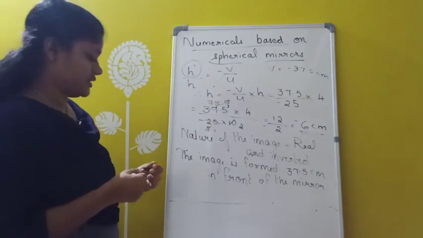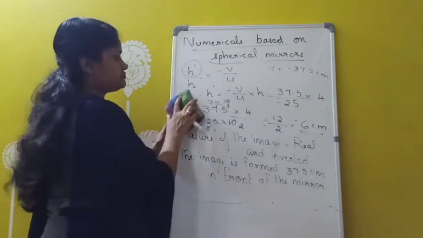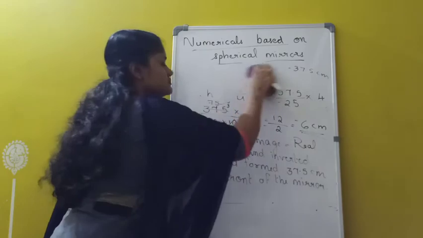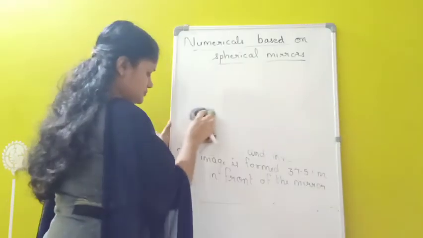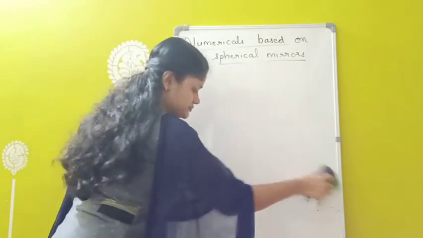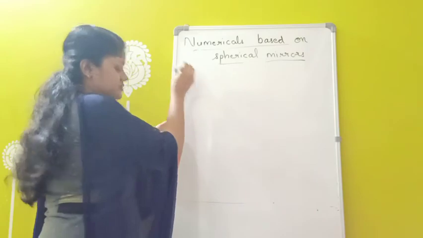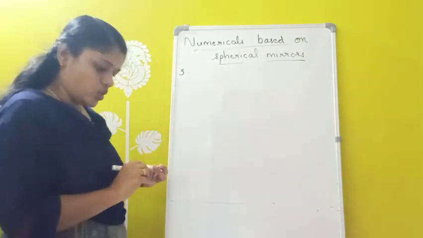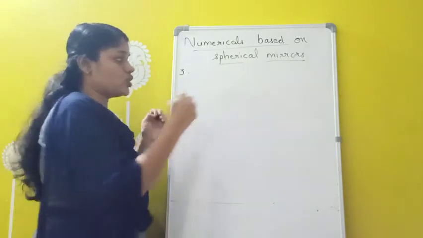Clear? Okay. Now we can go for the third problem. A concave mirror produces 3 times magnified real image.